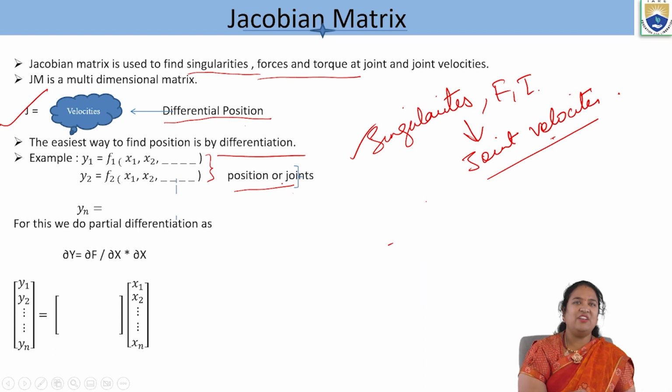So when we differentiate, in order to get the final velocity of any particular end effector, in order to find out the position or orientation or joints of the end effectors, as we've told, we have to do differentiation.